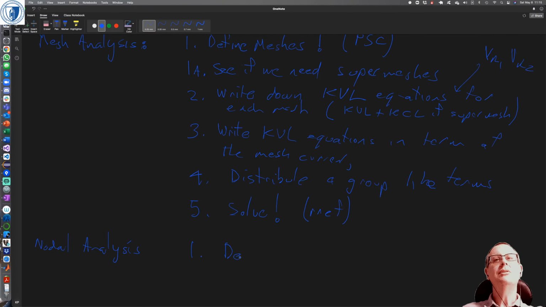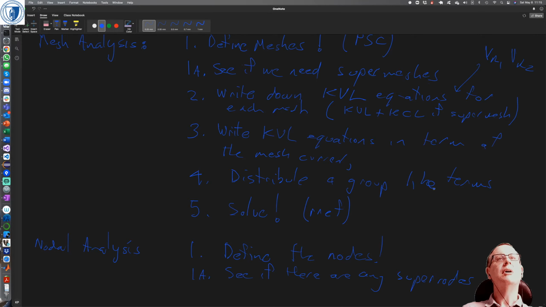So first thing you do, define the nodes. Step 1A, see if there are any supernodes.